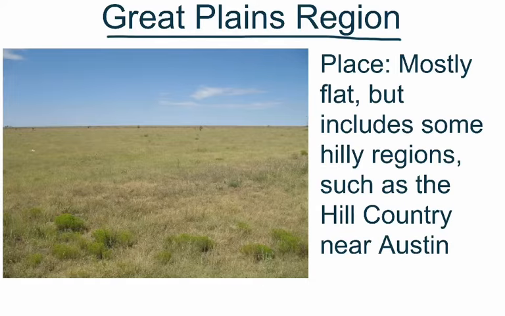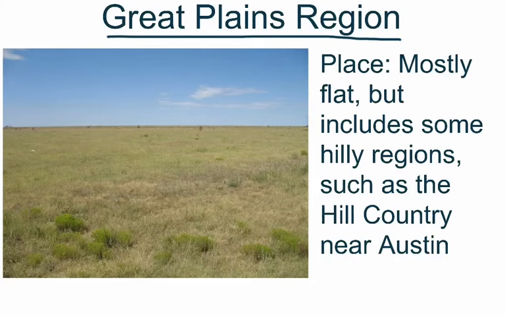The physical environment of, or the place of the Great Plains region, guys, is mostly flat lands, as you can see here in this area, guys. Very flat, but great for farming and things of that nature, and vegetation and agriculture, right? But it's mostly a flat land to where you can see for miles.